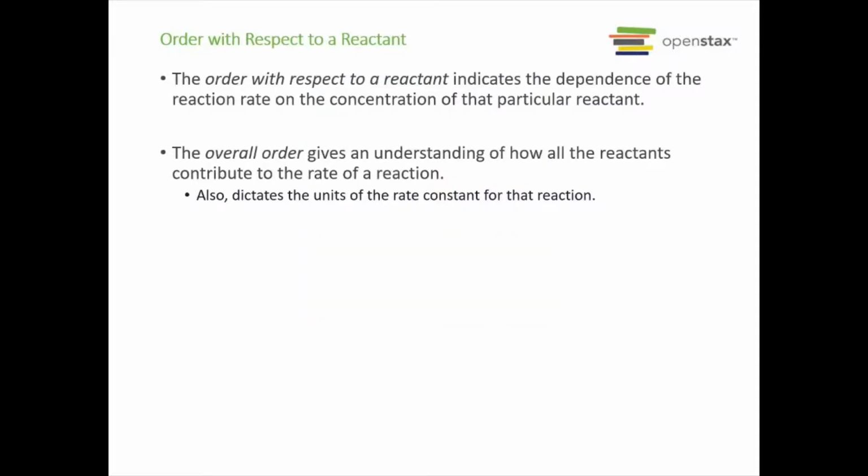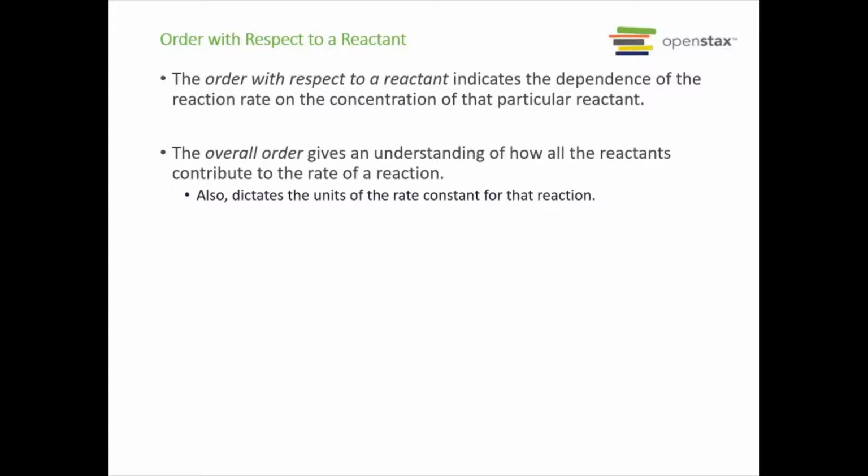But first, we need to talk about order with respect to a reactant. Like we've already talked about, this gives us the dependence of the reaction rate on the concentration of that particular reactant, like saying this is second order with respect to oxygen, for instance. And then the overall order gives us an understanding of how all the reactants contribute to the rate of a reaction.